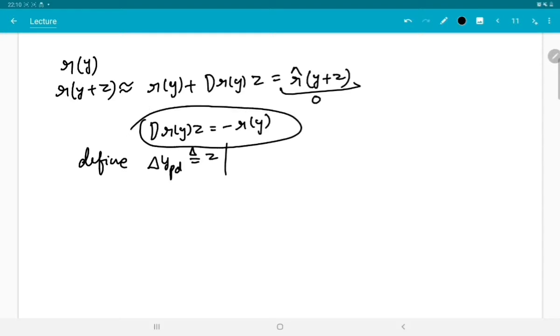So delta y pd is the most optimal direction in which we would like to move, and delta y pd has the information for both the dual as well as the primal step.